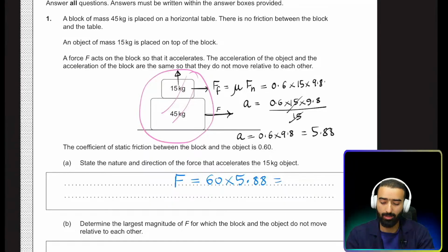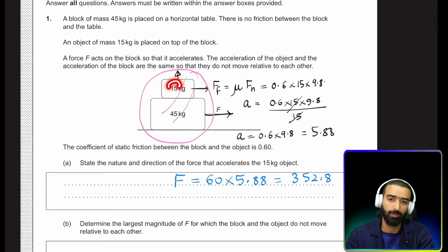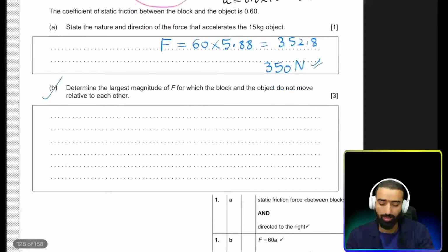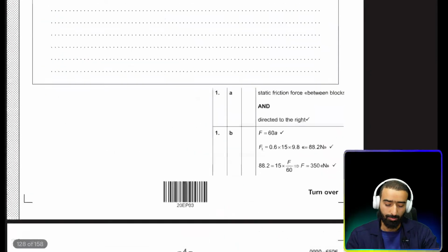If we plug this into a calculator, we get a value of 352.8. But note that we only have two significant figures, so I'm going to truncate this to two significant figures. So the answer to our question would be 350 newtons. And that solves the second part of the problem: 350 newtons.